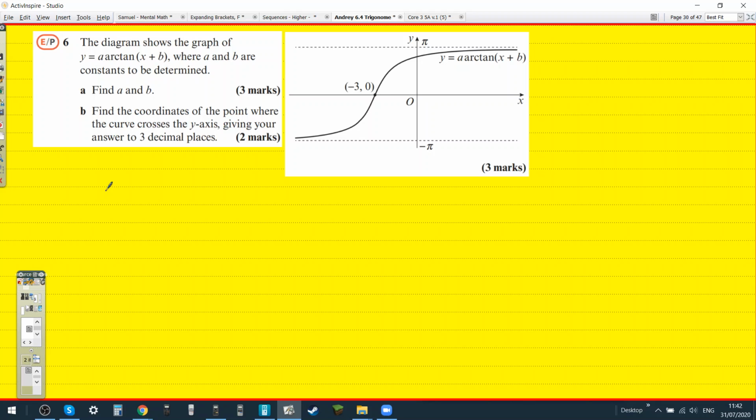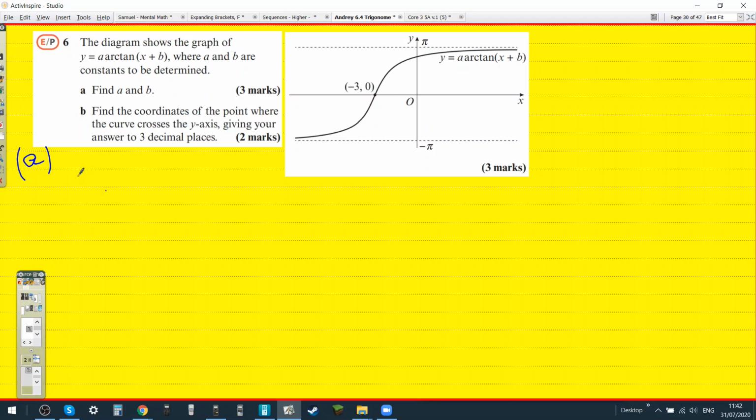Okay, so. So y is equal to a times tan minus 1 of x plus b. Do I need to solve to get a and b on one side or something?